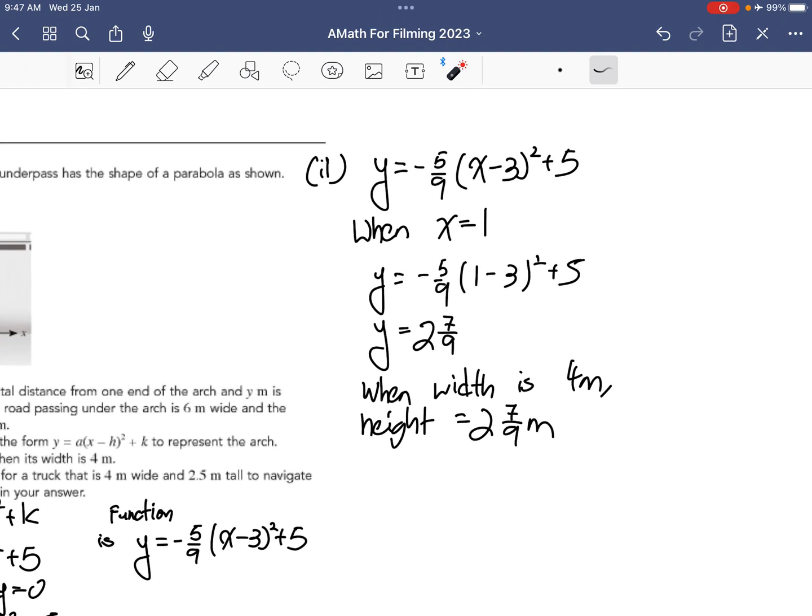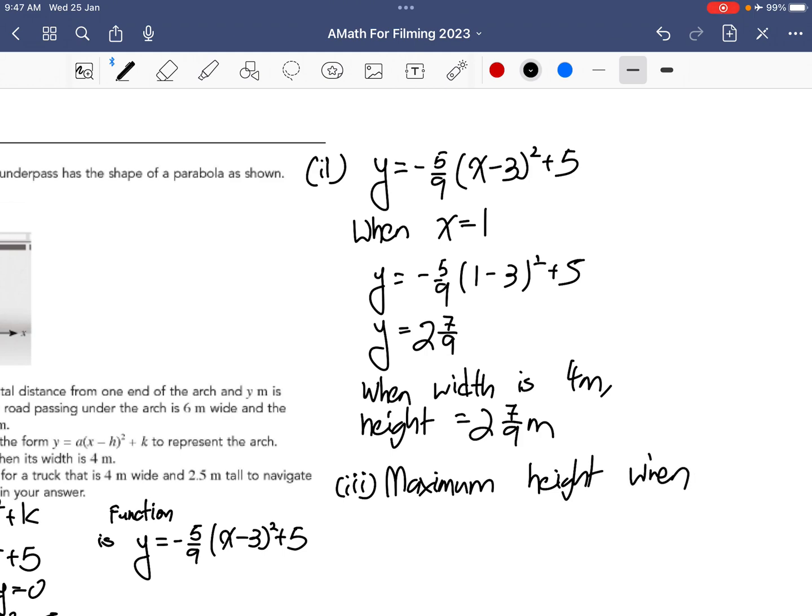So to write it out in words, this is what I can say for my part 3. The maximum height when the width is 4 meters is equal to 2 and 7 over 9 meters.